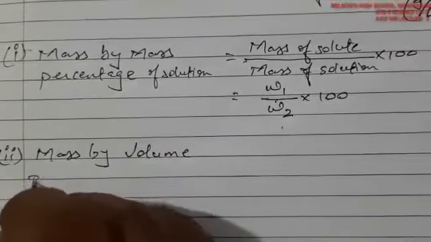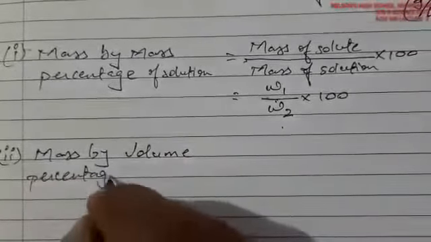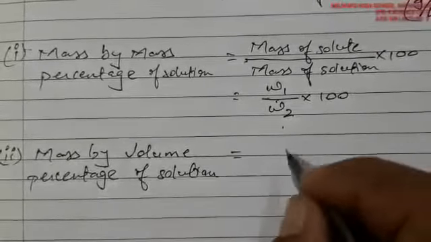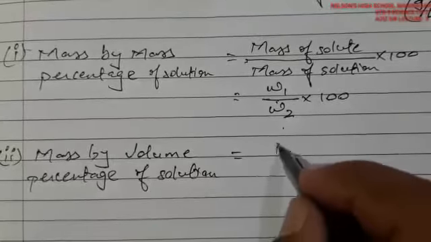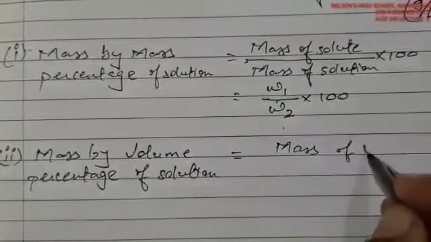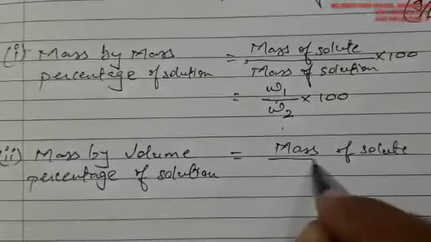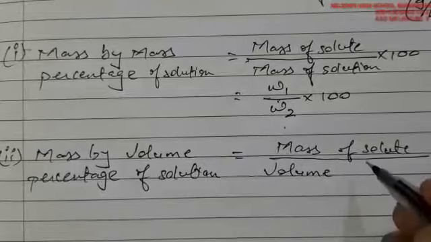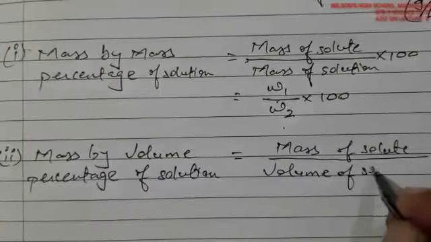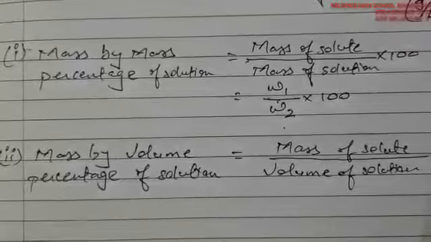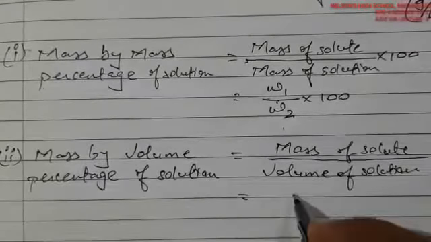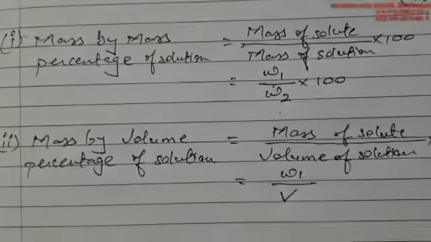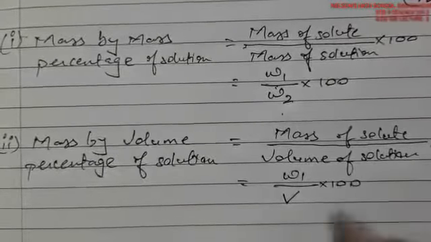Mass by volume percentage of the solution is mass of solute upon volume of solution, multiplied by 100. So the mass of solute is W1 and V is the volume. So W by V multiplied by 100.